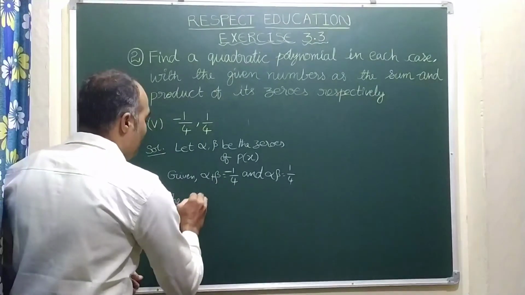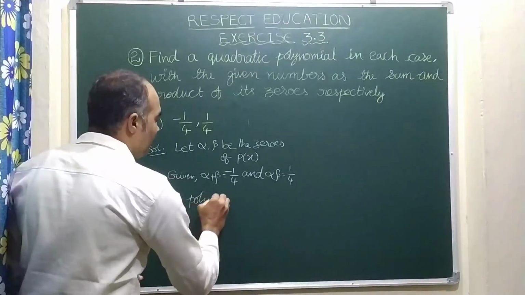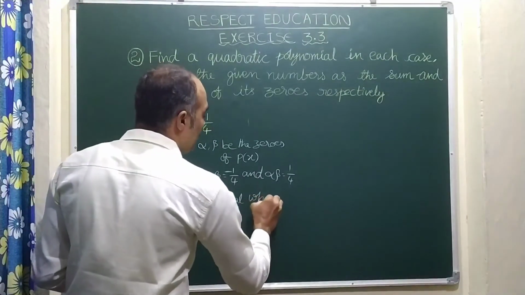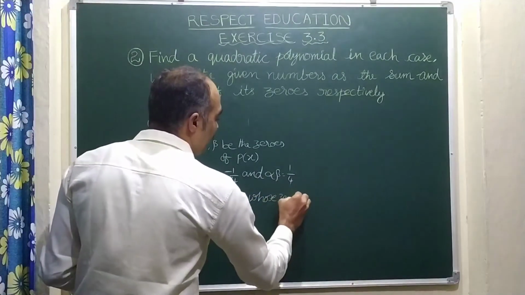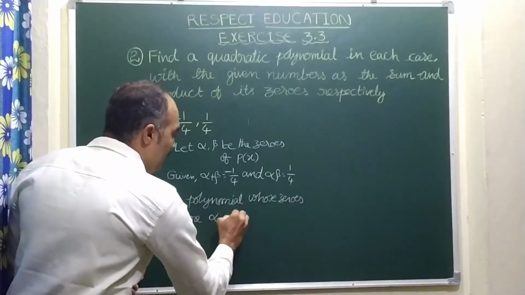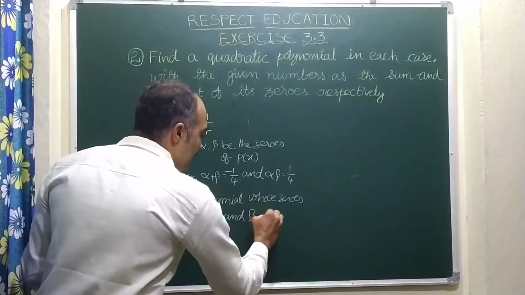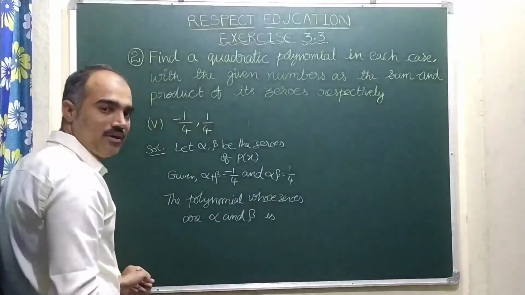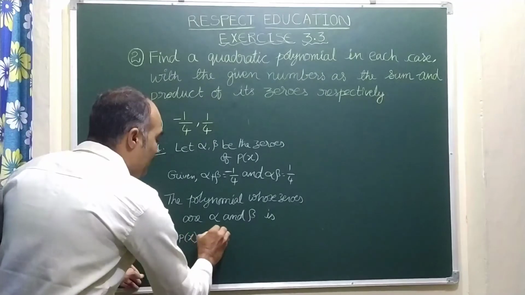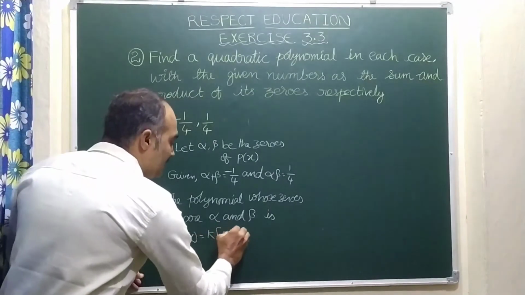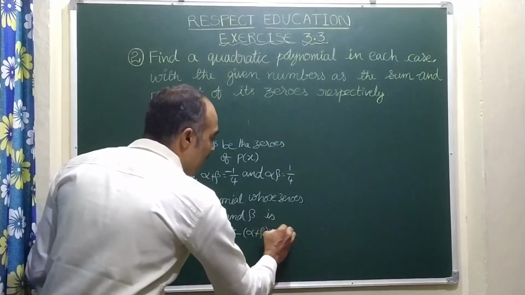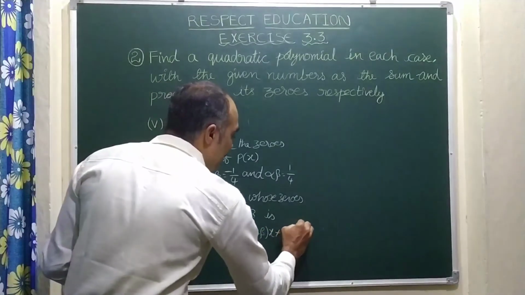The polynomial whose zeros are alpha and beta is, means the required polynomial is p of x is equal to k times x square minus of alpha plus beta into x plus alpha into beta.